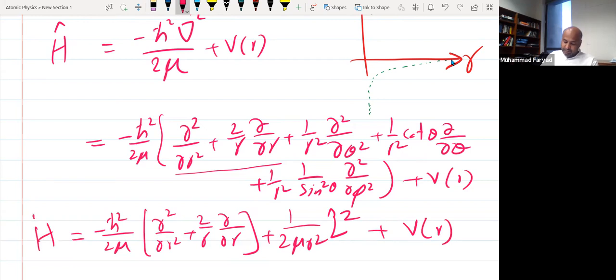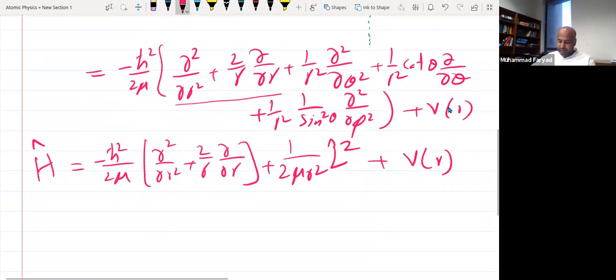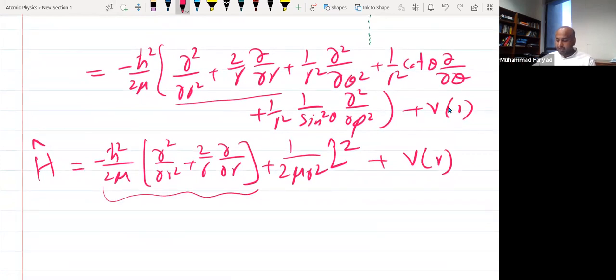Our Hamiltonian is now expressed in terms of this part, which is the derivative with respect to R, and this part, which captures the derivative with respect to theta and phi, and this is the angular momentum square operator, and then this is the potential term.